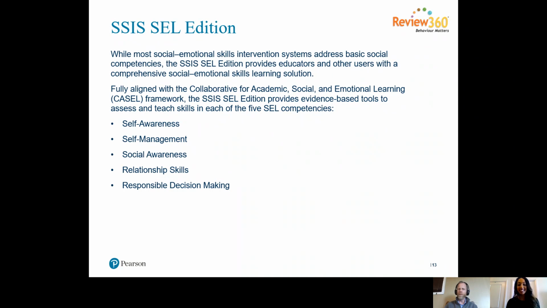Exactly. So with this, the screener portion is the teacher rating scale. The teacher fills it out for each of their students and rates each student on these 5 areas. It'll be color coded as well, so the reporting identifies where particular students may need assistance. So there is the screening aspect of the SSIS in Review 360.